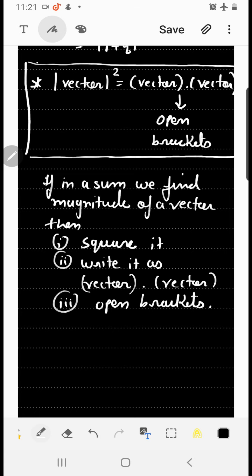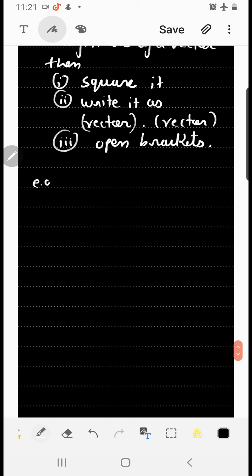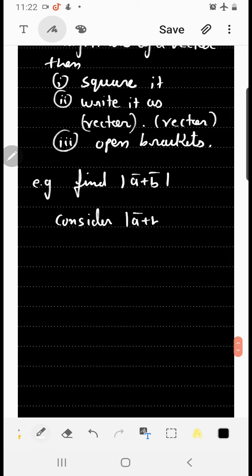Okay, so let me give an example. Suppose I ask you, find mod of a plus b, and some conditions are given. So in the solution, consider, let us say, mod of a bar plus b bar is equal to some value lambda, because when we square we cannot square a single term. Now the first thing is squaring both sides.